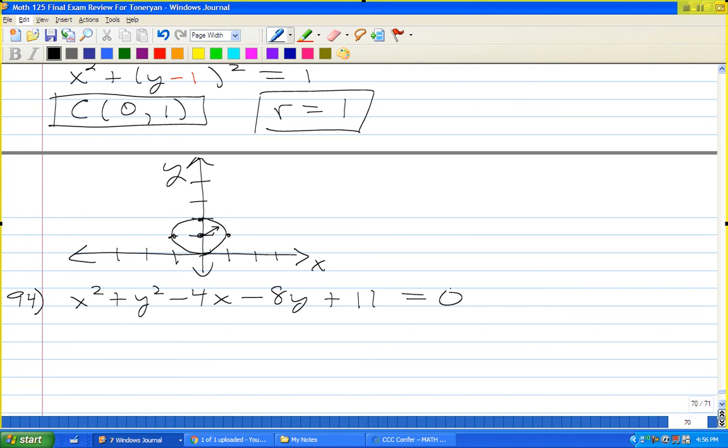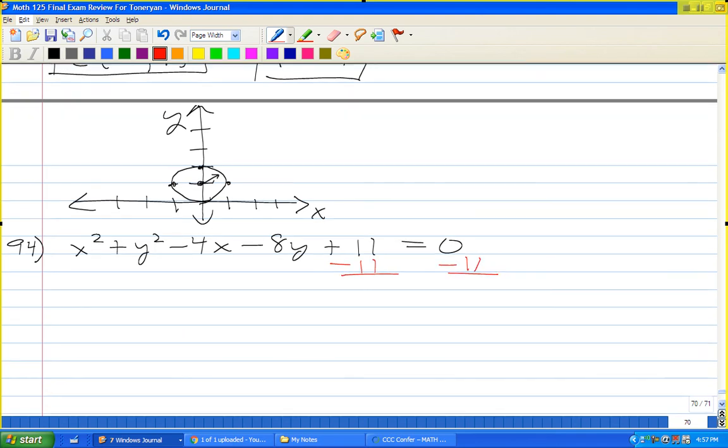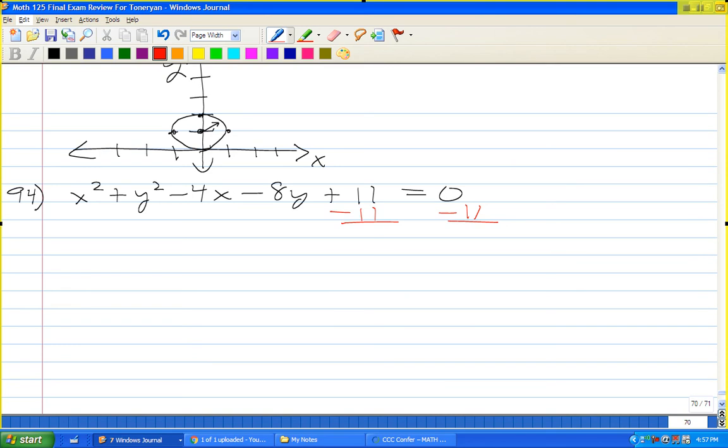Okay, so let's subtract 11 from both sides. So I get x squared minus 4x, y squared minus 8y equals -11. So let's complete the square for each of these.